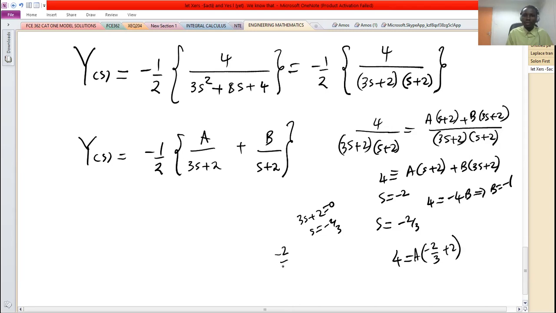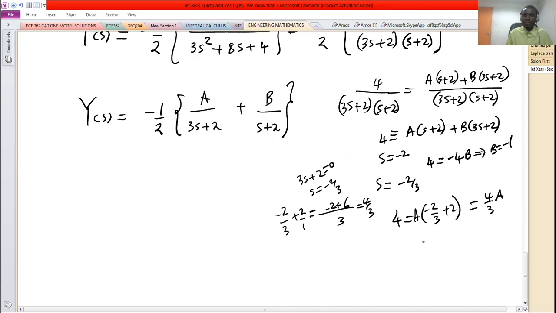So -2 over 3 plus 2, the same as -2 plus 6, which is 4 over 3. So 4 over 3 A. So it tells you that A will be the same as 4 times 3 over 4, which is 3. So therefore A equals 3.